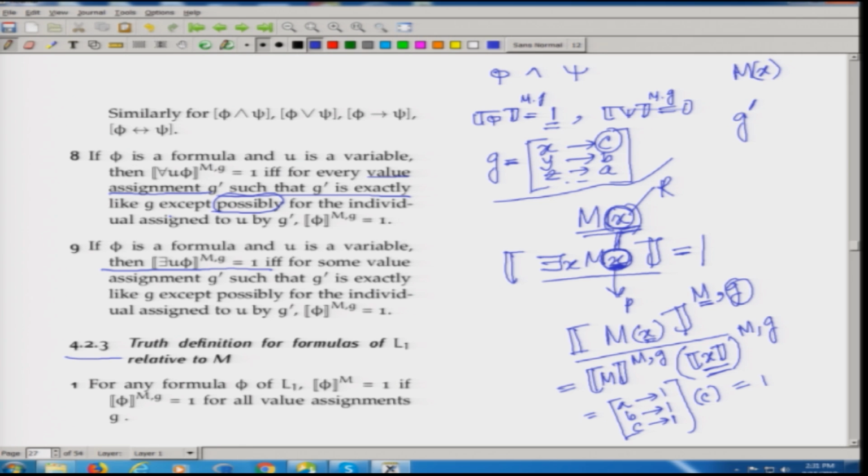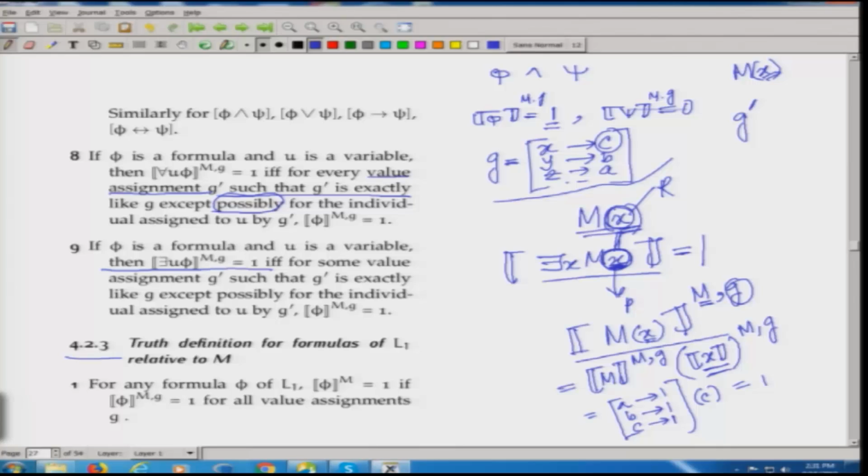It may also be g itself, but it may also vary. It may vary in terms of just one thing, only in terms of the active variable x, right. So, our first g prime can be g itself, which is x gets c. Others, because others are not relevant, we are not listing others. And so, this is basically g.